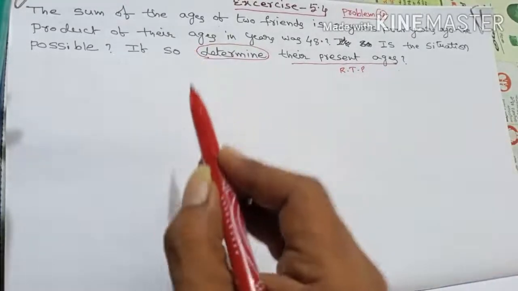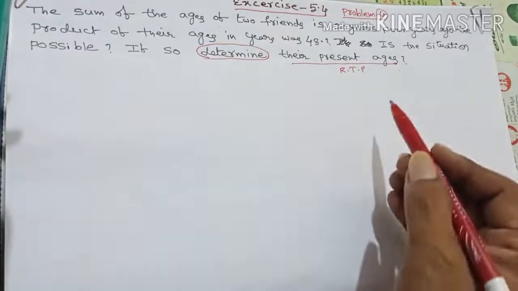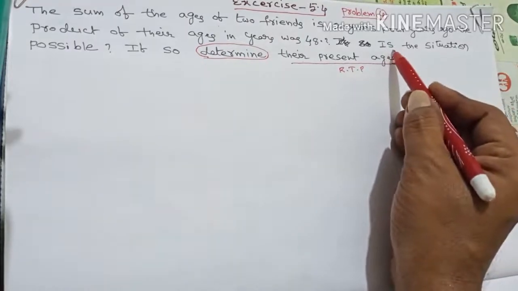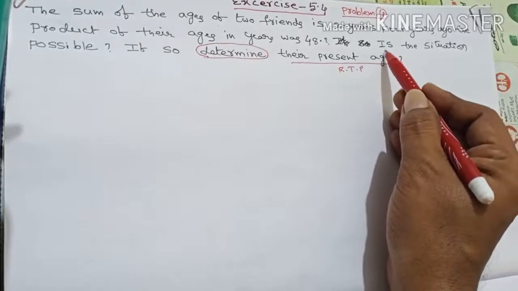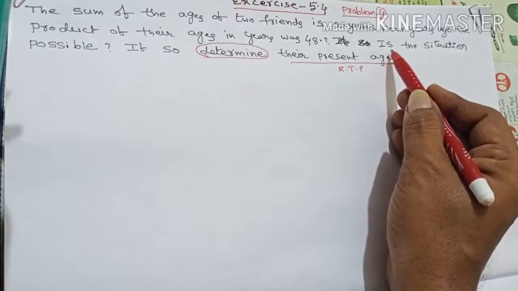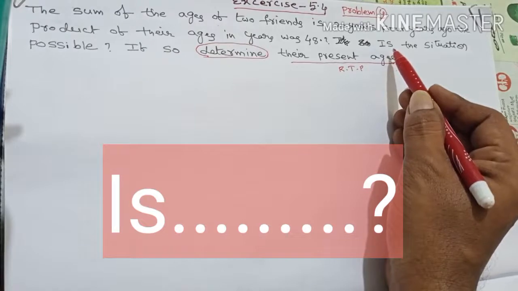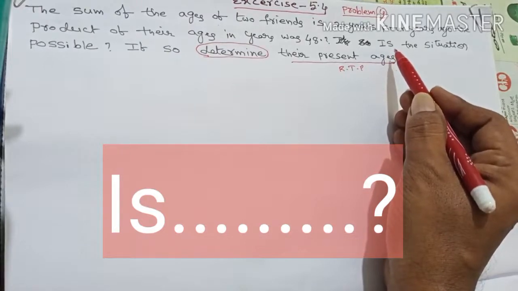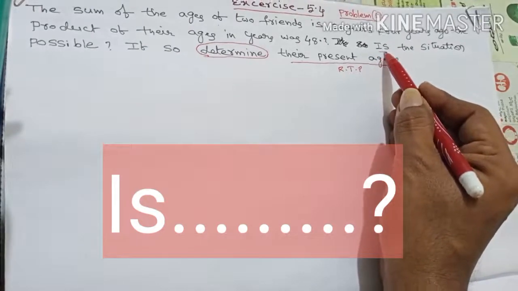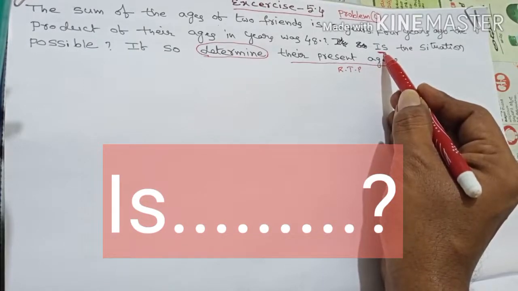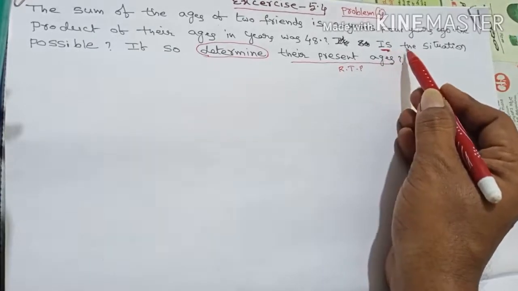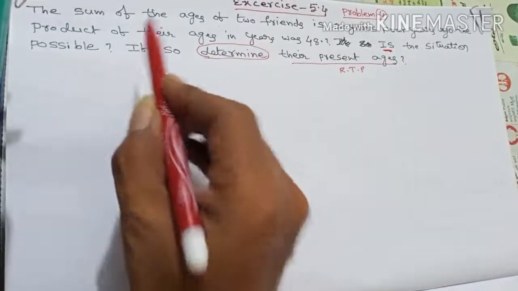Before that you have one more question. The question starts with is. Whenever a sentence starts with is, it is nothing but a question in any subject. With respect to English, any sentence that starts with the helping verb is means it is a question. Is the situation possible?